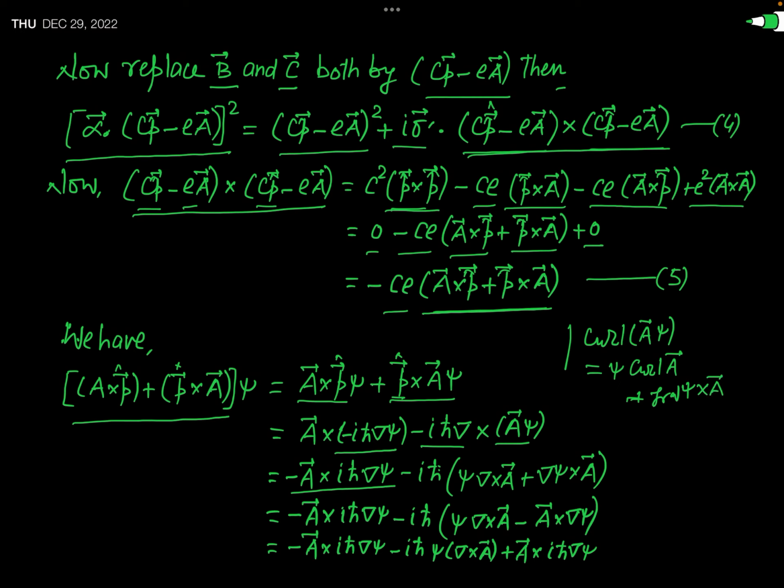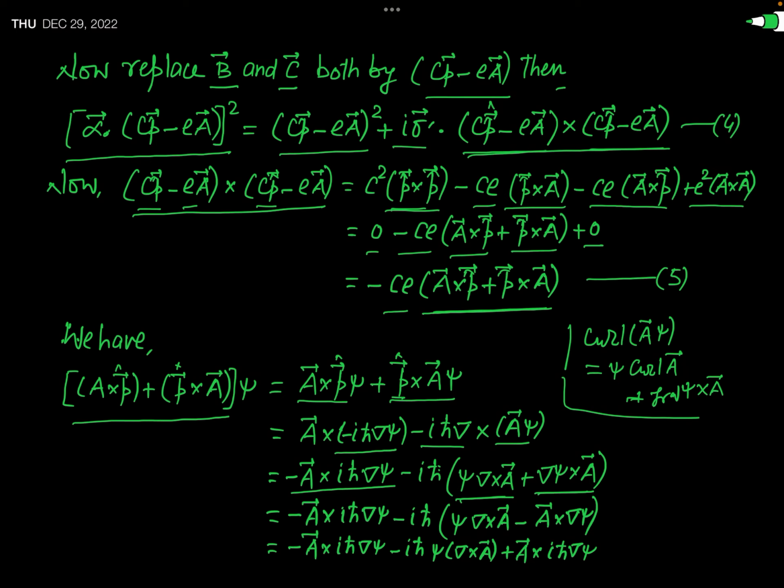You have definitely studied this vector identity in your course on mathematical physics in vector analysis. So curl of A psi has been written like this. This is psi del cross A plus del psi cross A. Del psi means gradient of psi and del cross A means curl of A, okay? So instead of del cross A psi, I have written here psi del cross A plus del psi cross A.